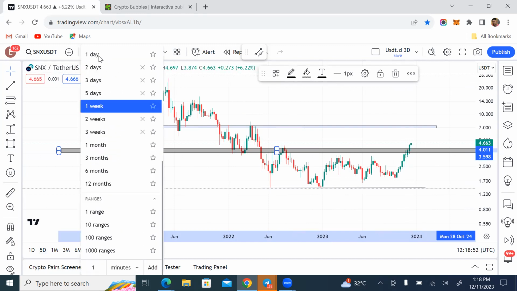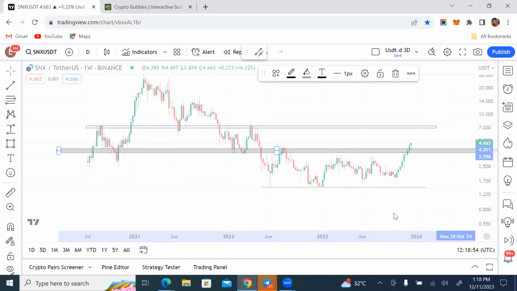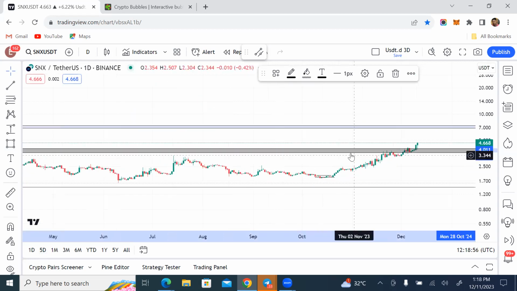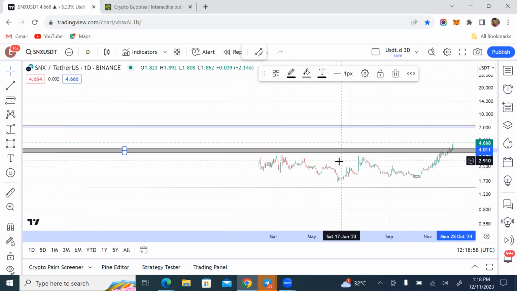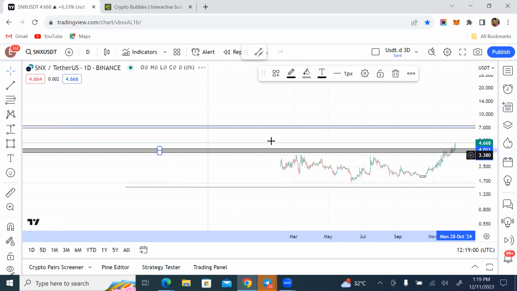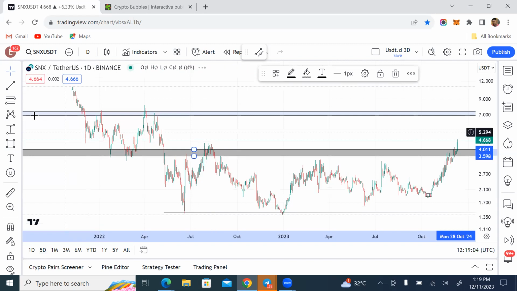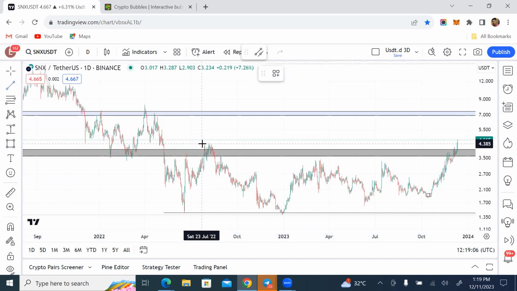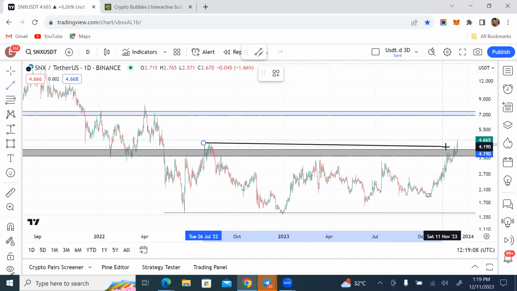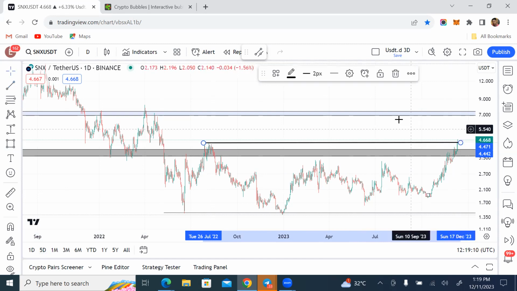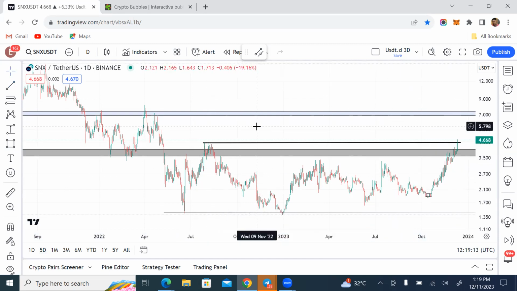Let's see what a break of structure on the daily looks like. Yes, most likely we have a break of structure. It's not confirmed yet though.